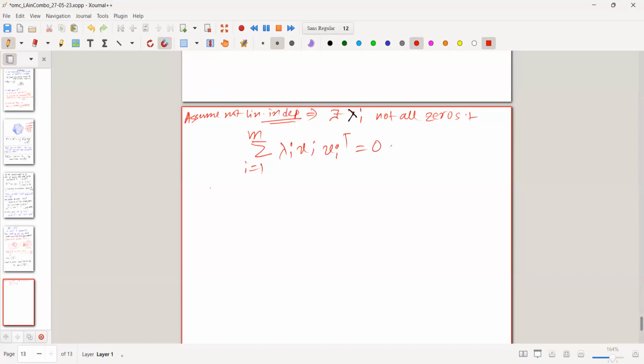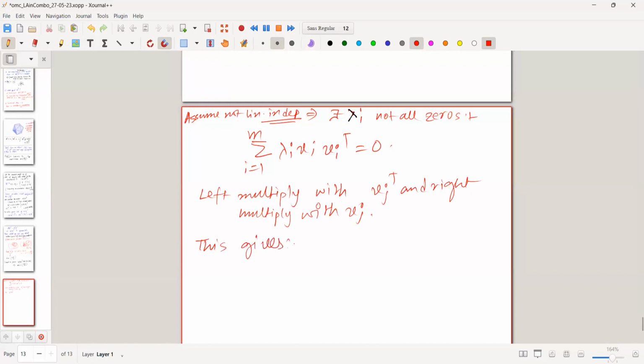So now what I will do is left multiply with vj transpose and right multiply with vj.